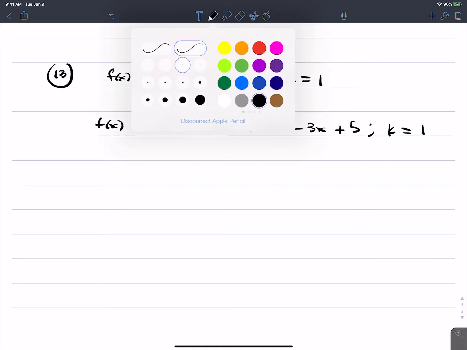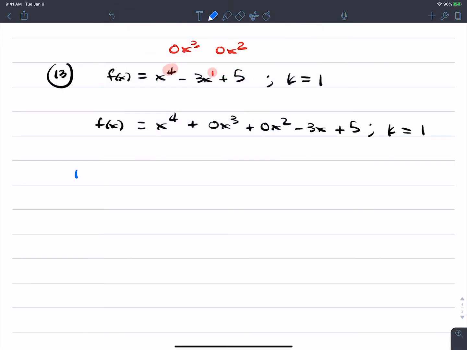So using synthetic division, we have our 1 down here. We're going to write down all the terms now, meaning the coefficients of the terms: 1, 0, 0, negative 3, positive 5.